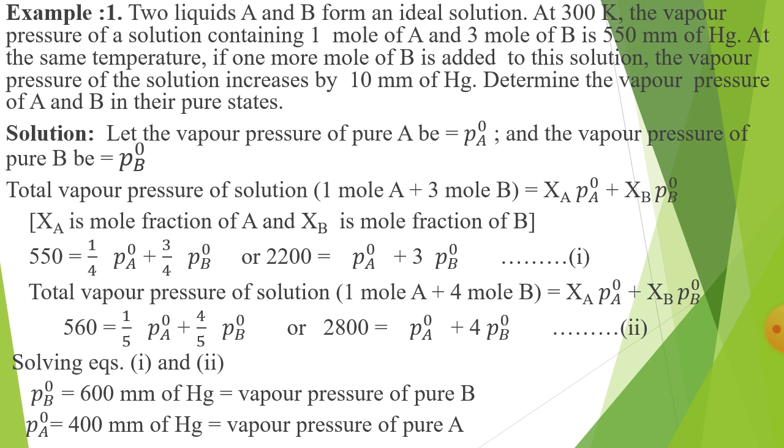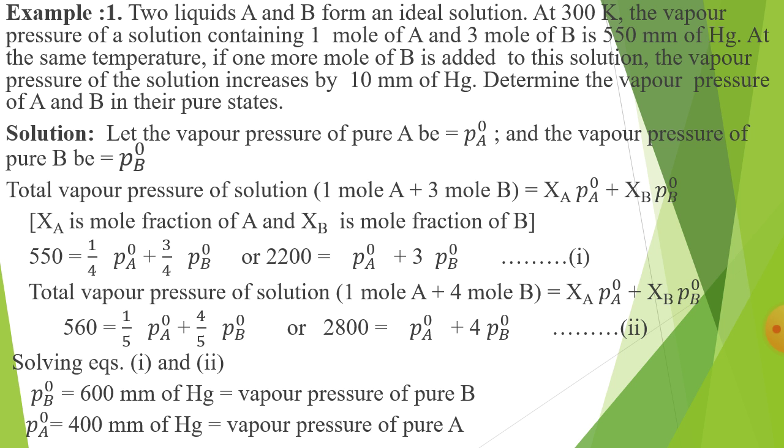Now we can solve it like this. Let the vapor pressure of pure A be P0 A and the vapor pressure of pure B be P0 B. The total pressure of the solution, with 1 mole of A and 3 moles of B, is equal to XA P0 A plus XB P0 B, where XA is the mole fraction of A and XB is the mole fraction of B. Here the total pressure in the first case is given as 550, and the total number of moles is 4.